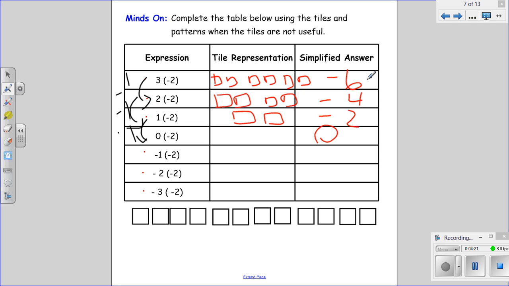But my answer, or my result, is actually increasing by 2 every time. So if I increase by 2, 0 plus 2 is 2, and 2 plus 2 is 4, and 4 plus 2 is 6. So wait a minute, when I multiplied a negative with a negative, I ended up with a positive.